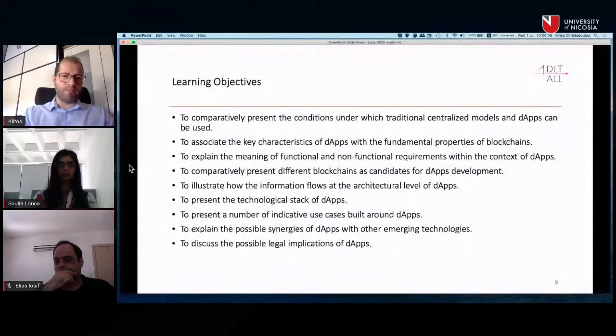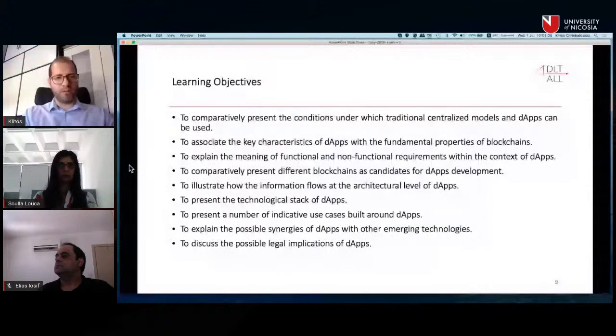The properties, but also the challenges that the communities are currently facing. And these challenges are mostly inherited by what we are referring to as the blockchain trilemma, the security, decentralization, and scalability aspects of distributed ledger technologies.